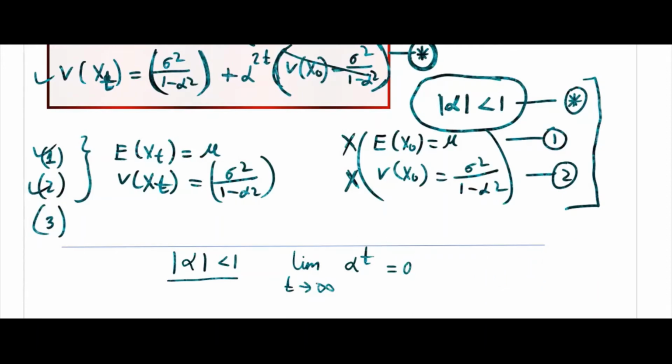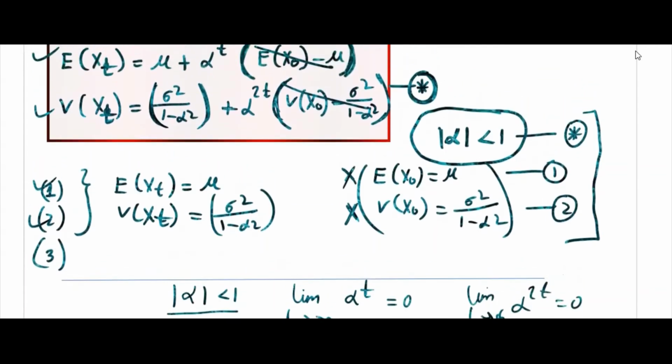Not only that, the other one, alpha 2t, will also go towards 0. The limit as t tends to infinity of alpha 2t will be 0. Then this term will vanish anyway. So even if these are not satisfied, these two will vanish anyway by virtue of these two.